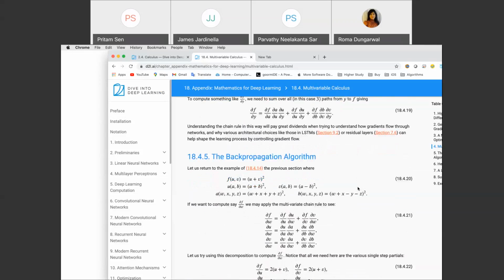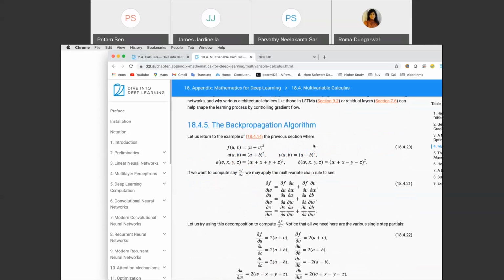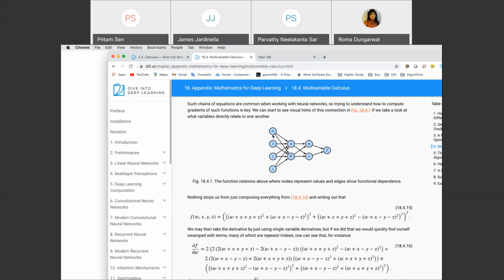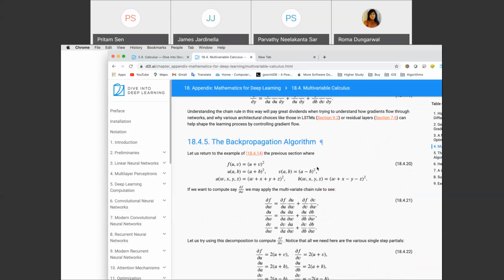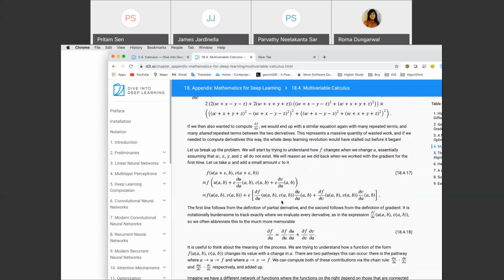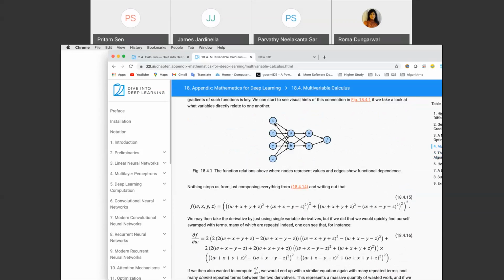And for the backpropagation example, as I said, we can calculate the result following this direction or that direction, so they showed both. They calculate the impact of A, then this one, then this one.